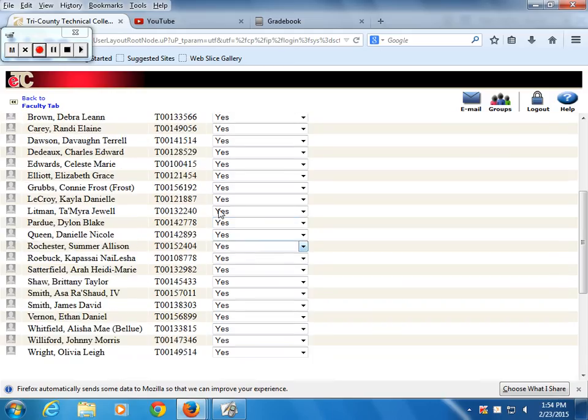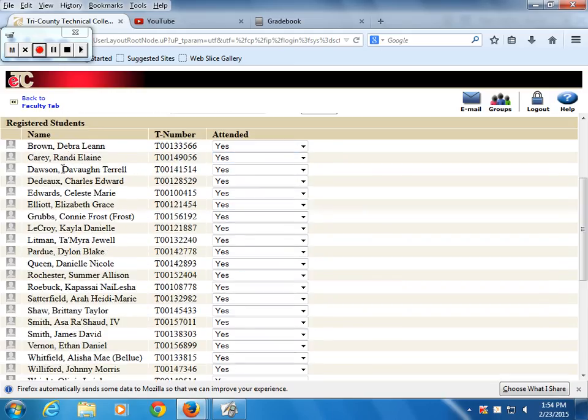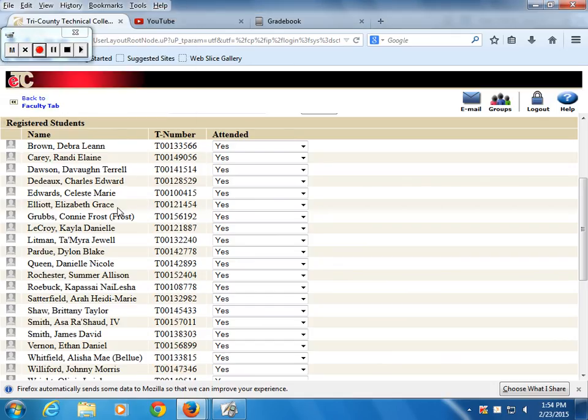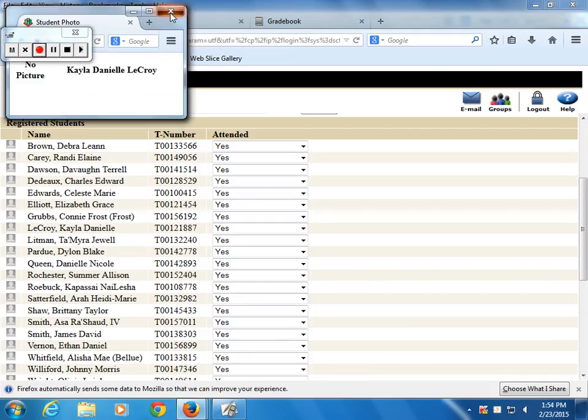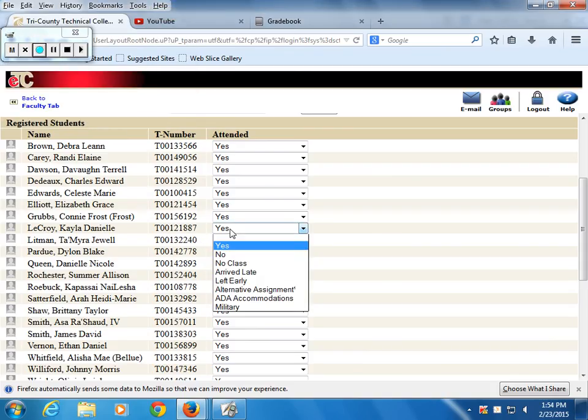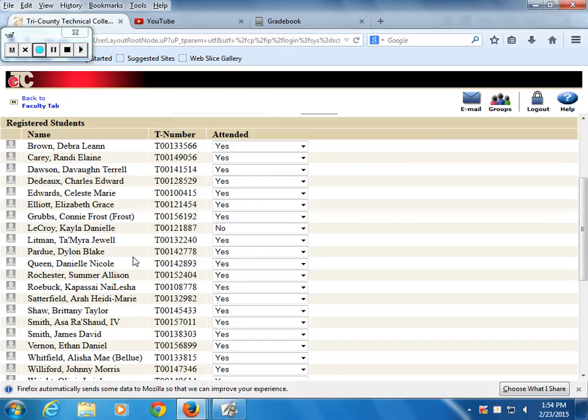Brown, Carey, Dawson, Charles, Edwards, Elliott, Grubbs is here, LeCroy, no LeCroy, no LeCroy. Littman, Pardue is here, Queen is here, Rochester not here.